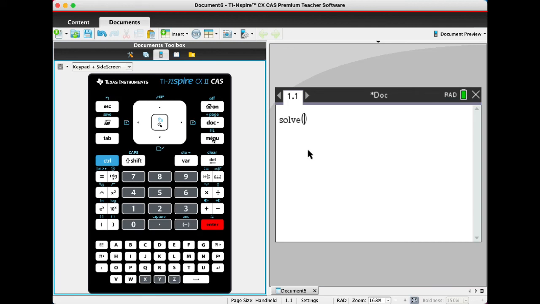Now we type in our equation. 6 bracket c plus 2, move outside the bracket, equals 2 bracket c minus 2, move outside the bracket. We now need to tell the calculator what it's solving for, the letter c, so we do comma c, press enter, c is equal to negative 4.